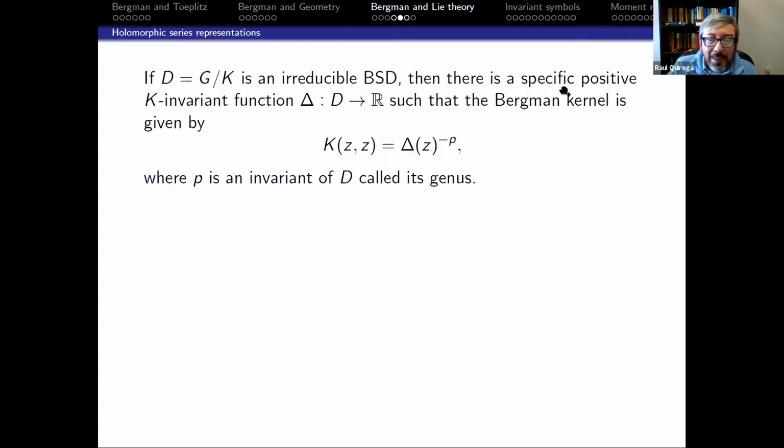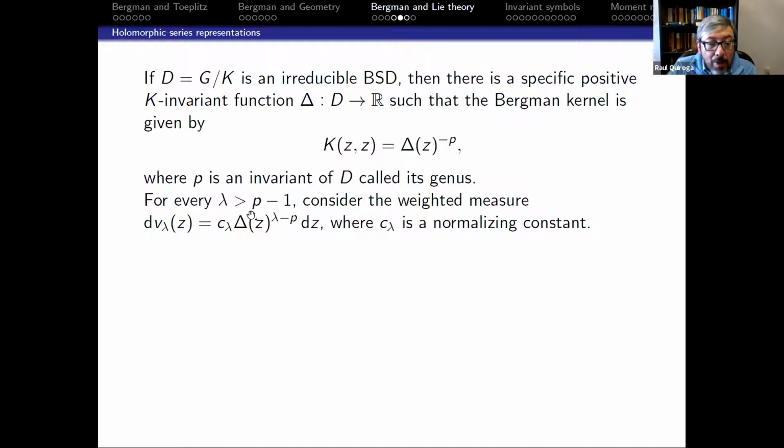I'm saying specific because it has to be defined carefully. I don't want to take much time with this, but there is some special function where p is some invariant associated to D, and it's called the genus. Nothing to do with the topological genus.